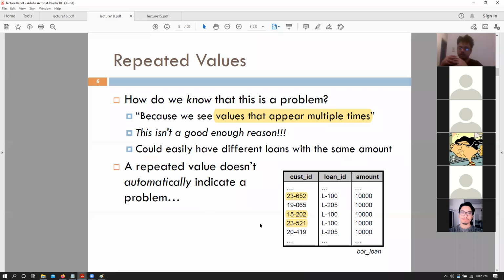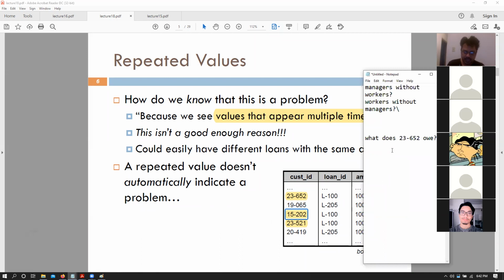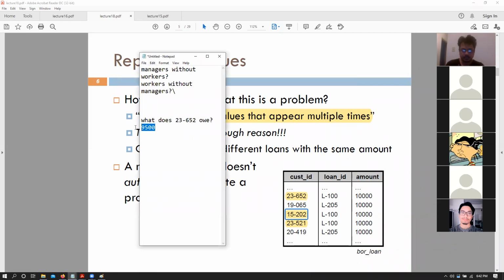All three together share a loan of $10,000. Let's say that 15202 paid off $500 for the loan. Do you guys agree that the remaining amount of loan that we have is basically $9,500, right? So if the remaining amount of loan that we have is $9,500, then let's say that we want to now update this information to the table.